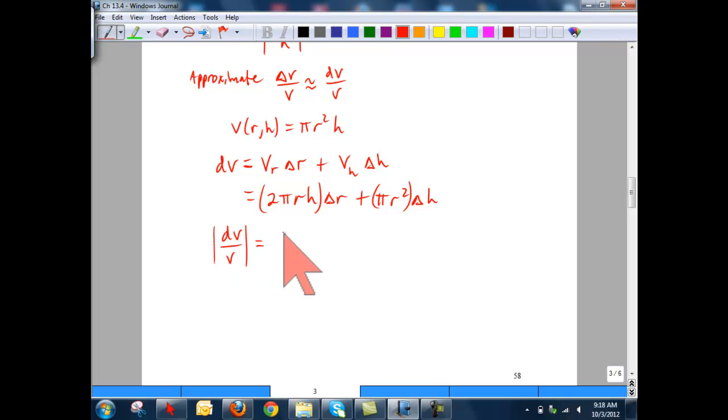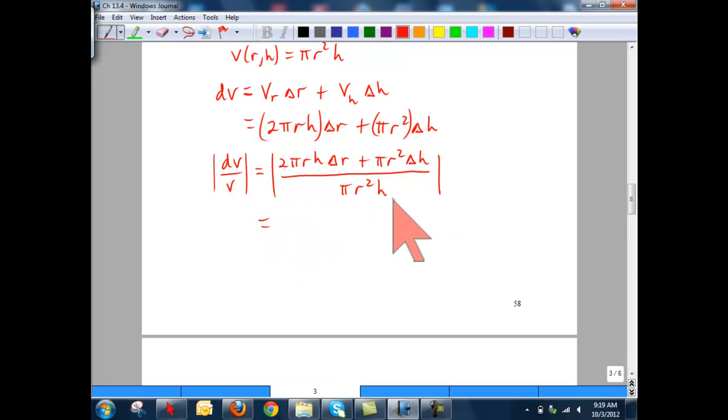This is 2 pi r h delta r plus pi r squared delta h, divided by pi r squared h. Take magnitude.